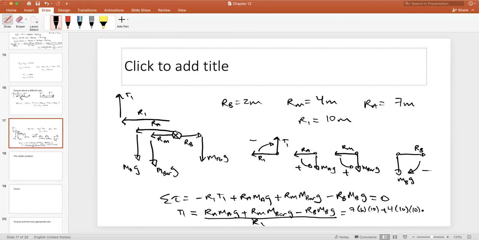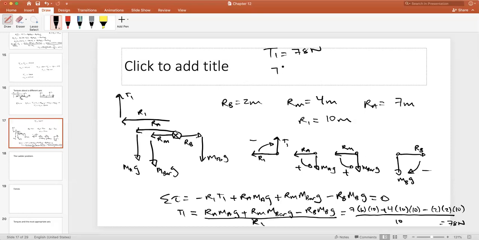Minus RB was 2, and MB was 2, and this was 10. And then R1 here is 10. So I get 42 times 10 plus 40 times 10, which is 82, minus 4 times 10 all over 10. This becomes 78 newtons.